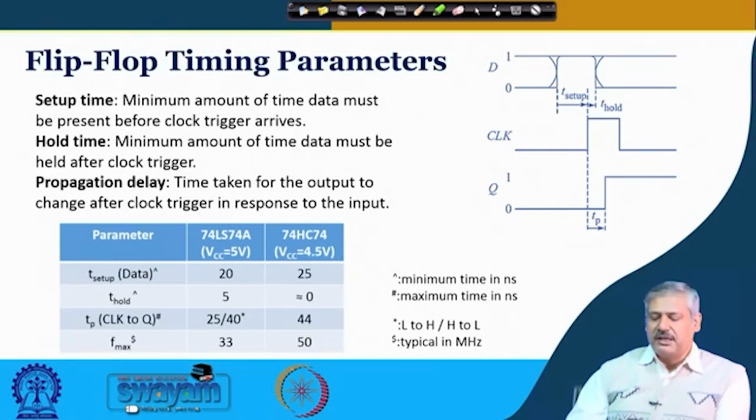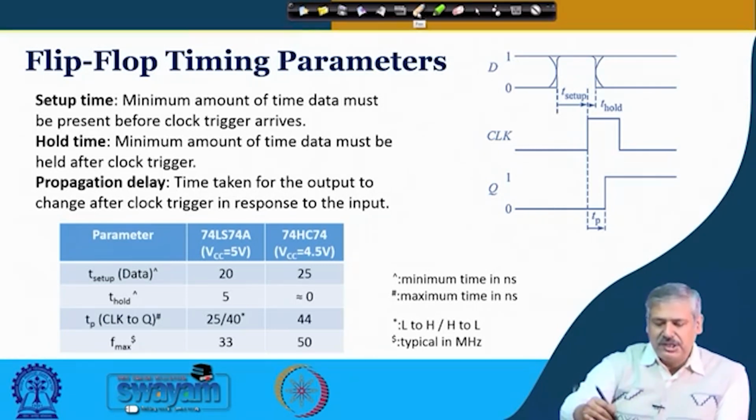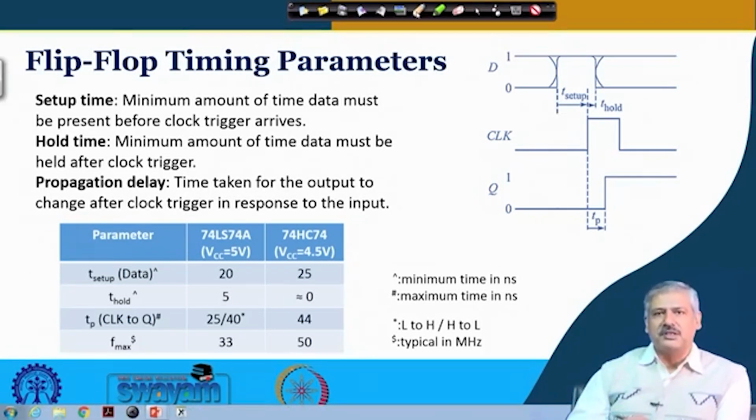So, we take the help of the timing diagram to understand the importance of these timing parameters. There are quite a few, but we just take up three important ones. One is called setup time.